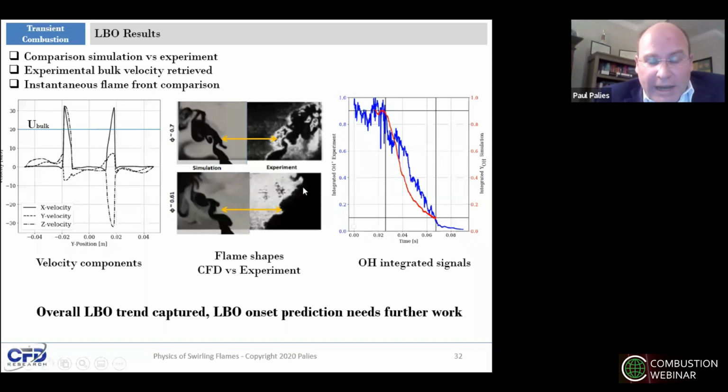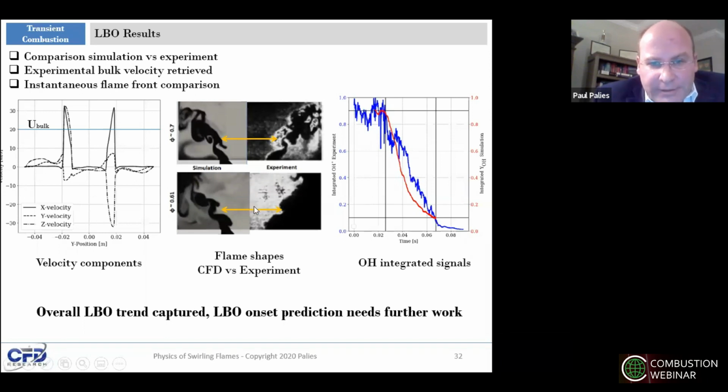Then I look at the flame shape between simulation and experiment. In the center of this slide, at the top you see the equivalence ratio 0.7, where there is burning in both the outer recirculation zone and inner recirculation zone. You see a lot of corrugation, a lot of large-scale wrinkling of the flame front that we capture.